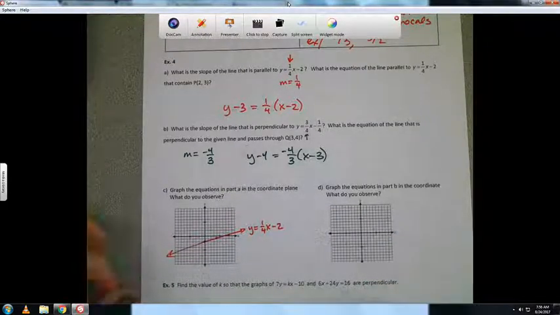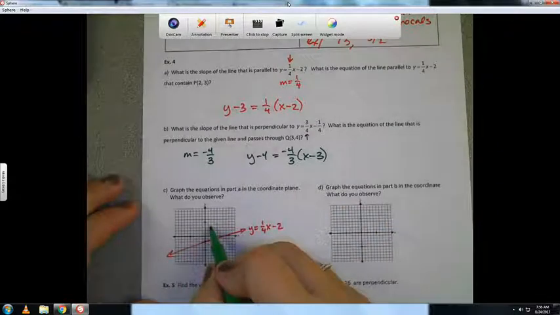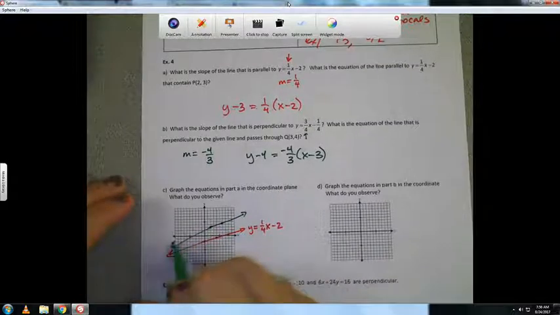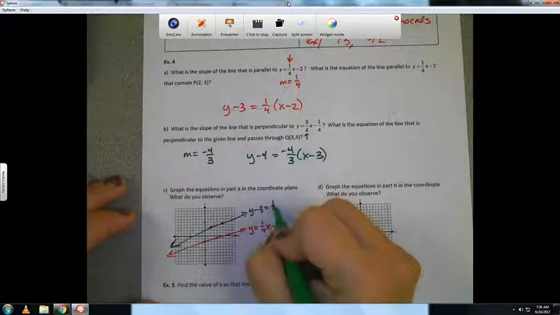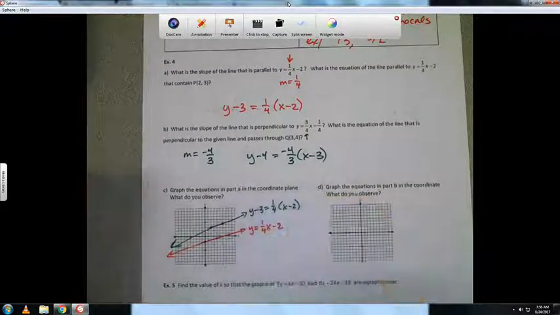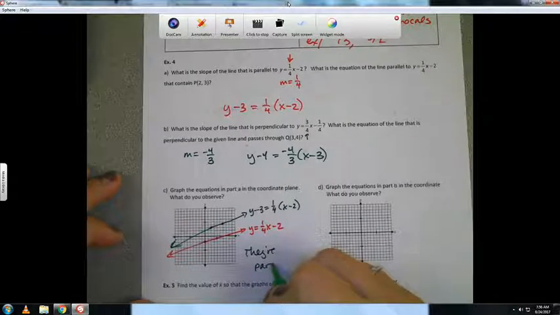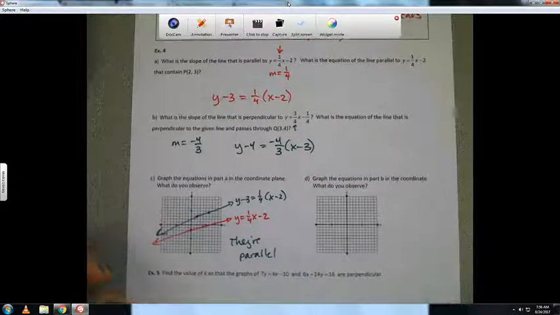And the other equation goes through (2, 3), but it also has a slope of 1/4. So here's what this one looks like. What do you notice? Well, they're parallel, which they should be, right? That's how we made it. So it's a nice confirmation.